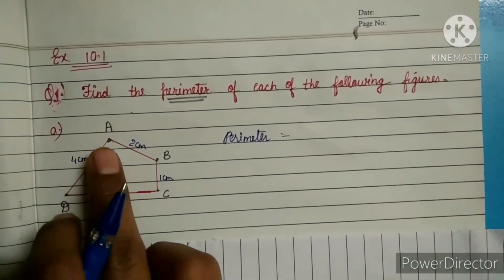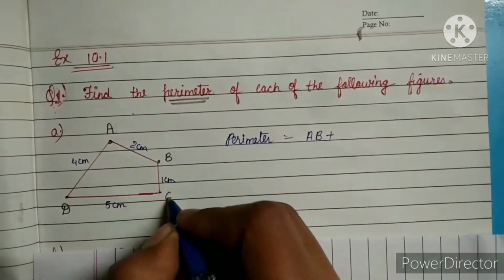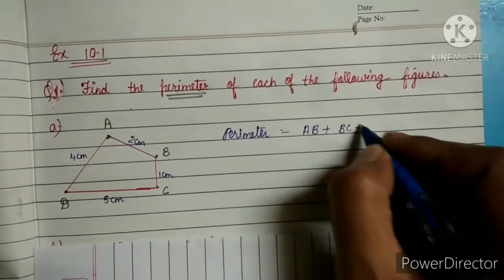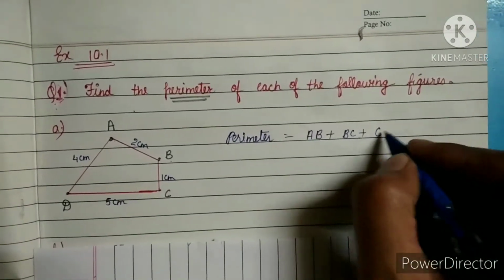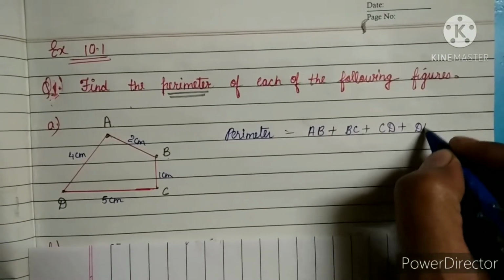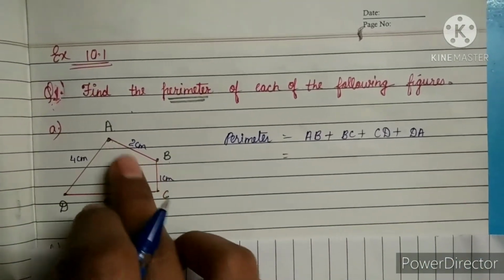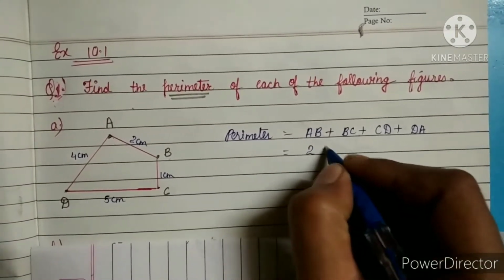So the first side is AB plus BC plus CD plus DA. This is the perimeter. AB is 2 cm, so here is 2.